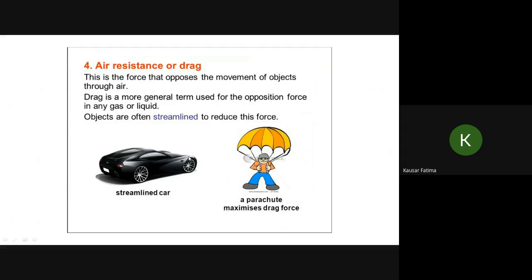The front of this car has a streamlined shape. In the same way, sometimes we need to increase the air drag, especially when we fall through the air using a parachute. Here, the parachute increases the surface area, so the drag force increases.